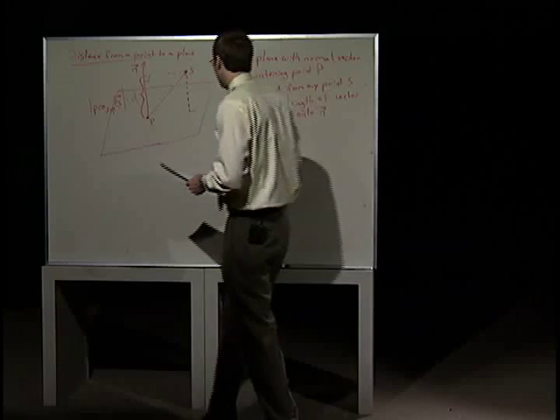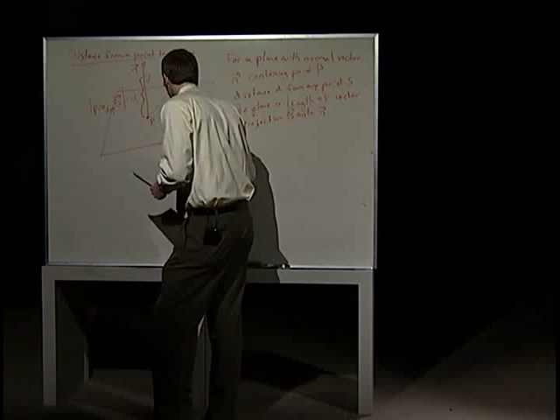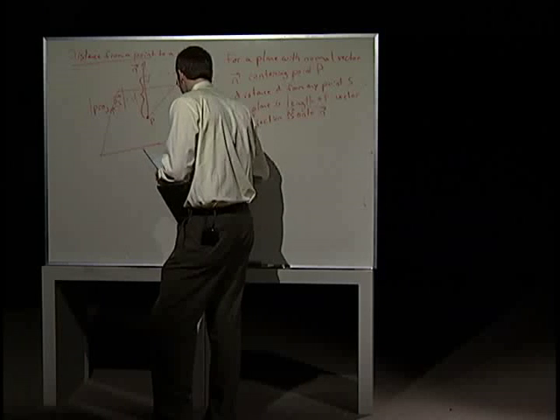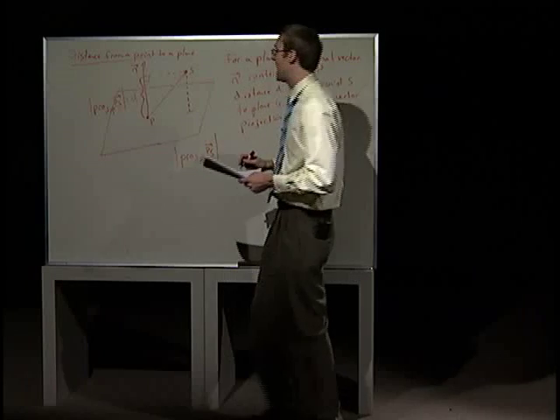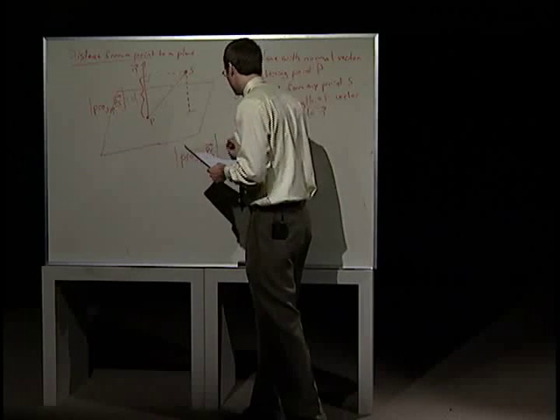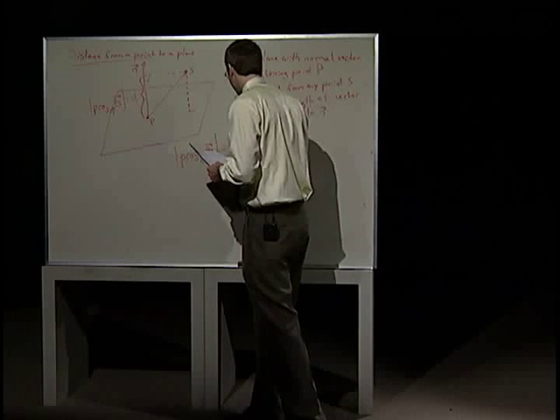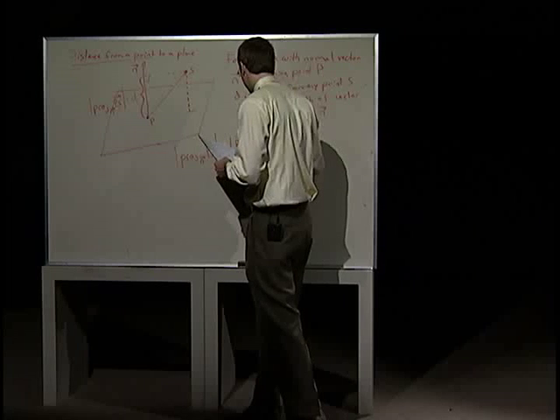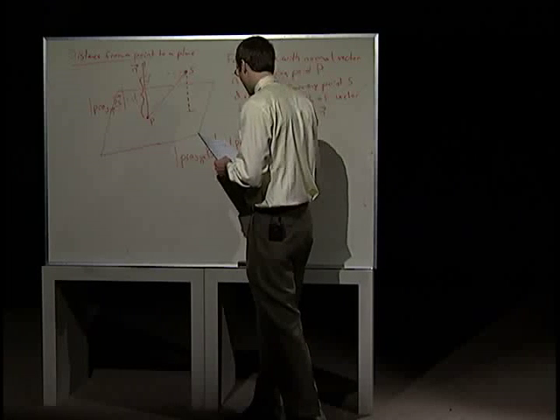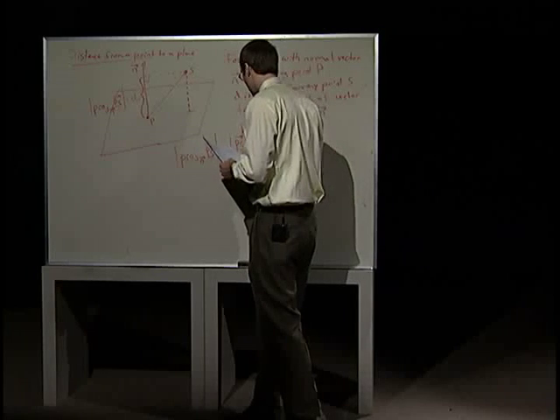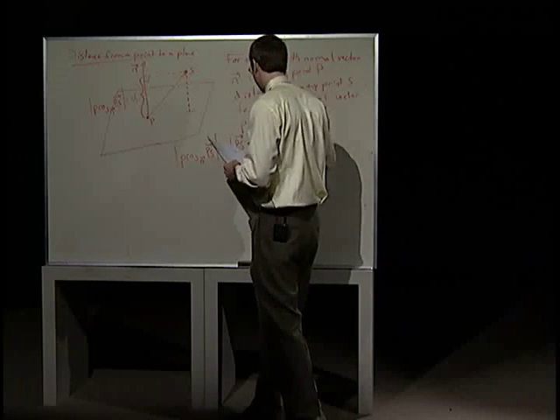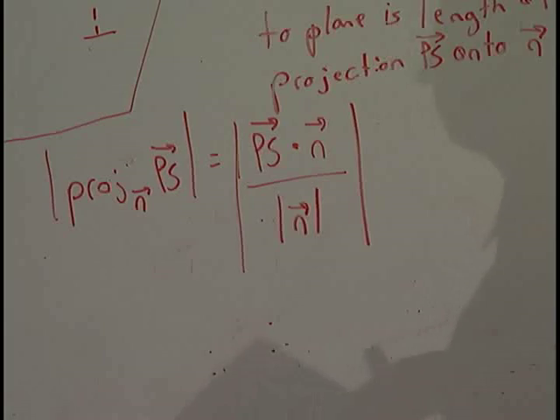All right, so what is that then? Think back to the dot product section when we talked about the length of the projection. Probably the easiest way to write this would be the length of PS dot n over the length of n, like that, right?